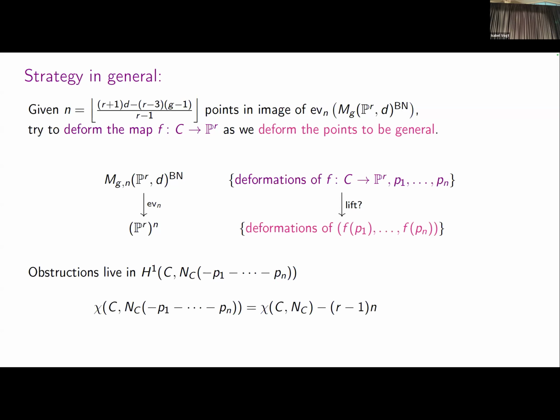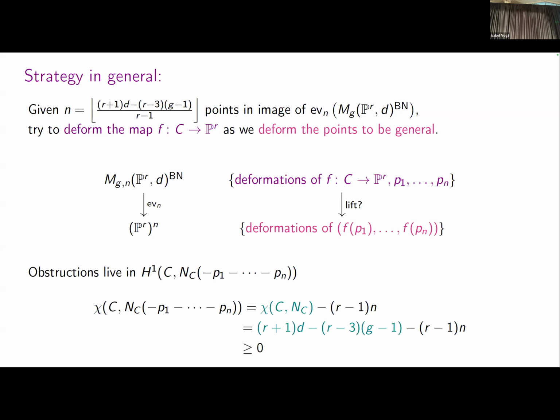And now here's where I said that this magical number was going to come up again, for very good reasons. The Euler characteristic of the normal bundle is the dimension of the Brill-Noether component, for good deformation theory reasons. So this is (r+1)d minus (r minus 3)(g minus 1). So you see that the Euler characteristic of the normal bundle twisted down by these endpoints is greater than or equal to 0 precisely when n is at most this maximum value up here.